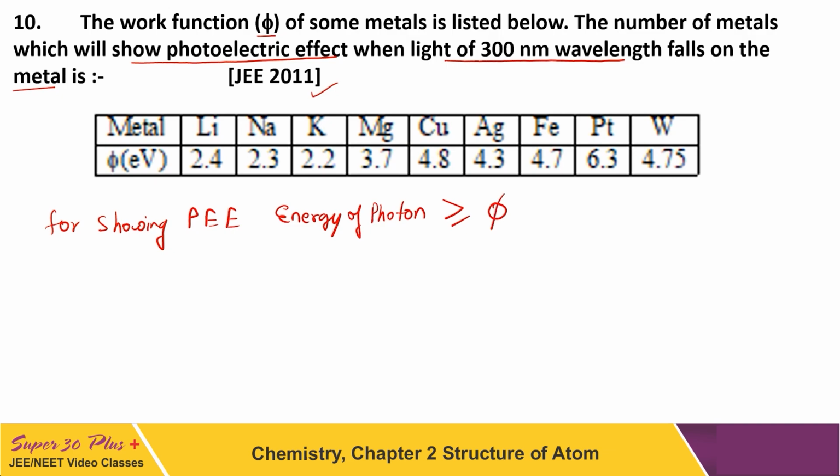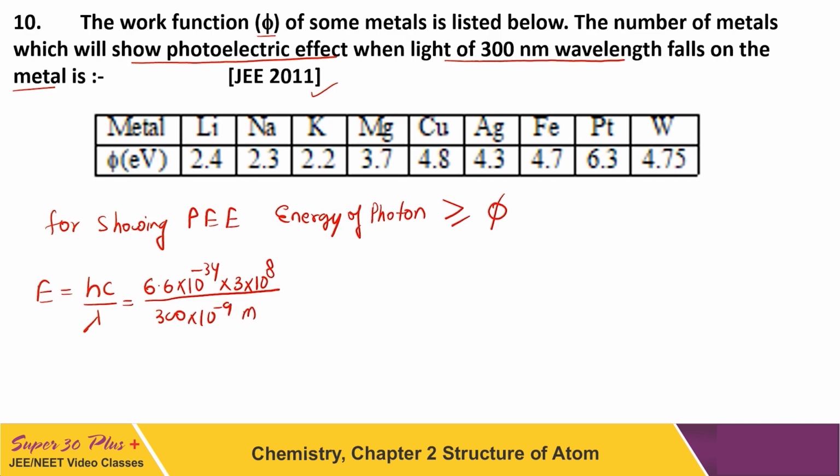Now what is the energy of the photon? E is equal to hc upon lambda. If you put the value of h, 6.6 into 10 to the power minus 34, the value of c, the speed of light, 3 into 10 to the power 8, and of course the value of wavelength, which is 300 into 10 to the power minus 9 meter.